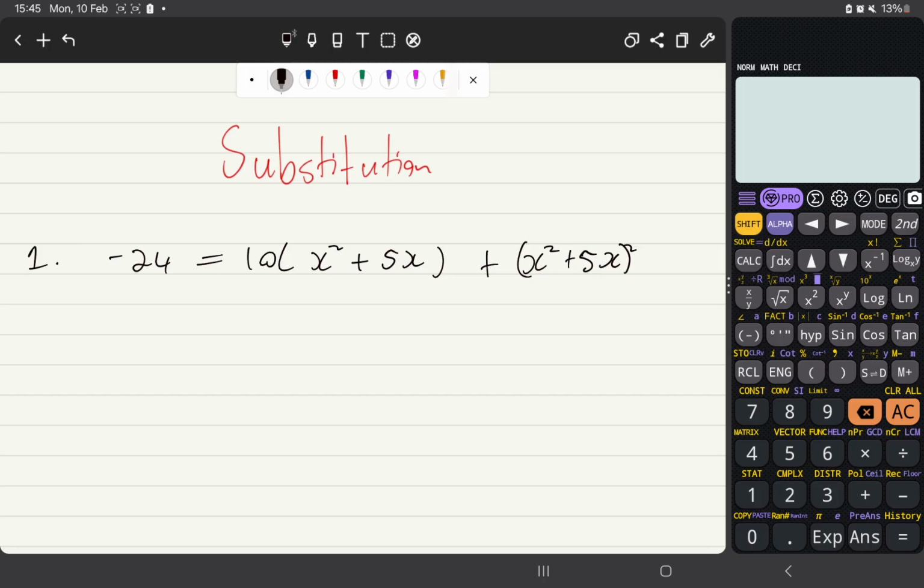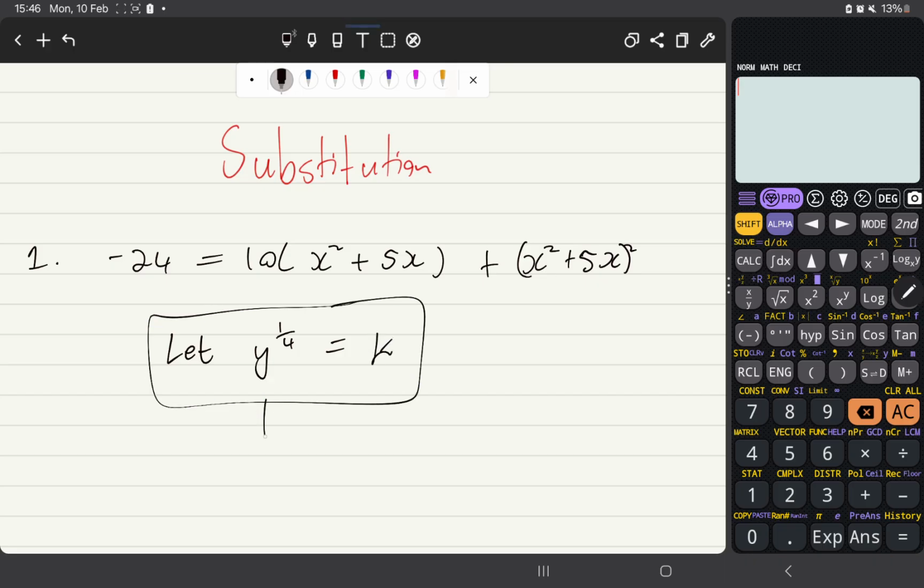I remember in some problem, I had something like let y to the power of 1 over 4 be k. Then in the next step, where I saw this, I substituted k. So it's something we're going to do right now.